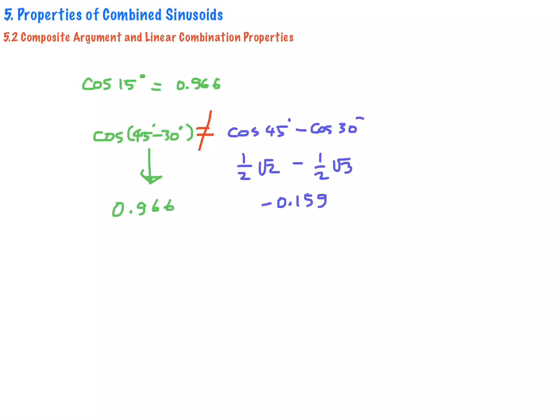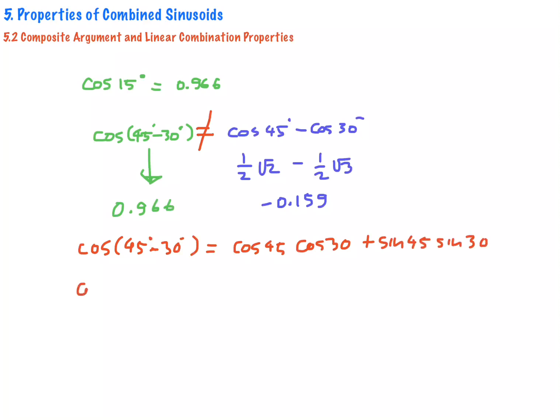But what is cosine of 45 minus 30 degrees? Can we express it in terms of the other arguments? Yes, it could be cosine of 45 cosine of 30, and then plus sine of 45 sine of 30. And we are interested in understanding this more generally if we have, let's say, a minus b instead of a value.